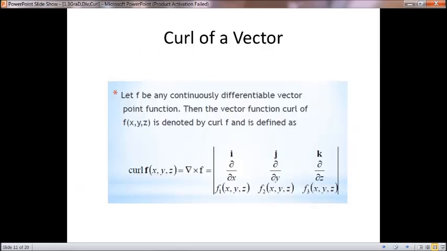So the curl of a vector is given as follows. Let f be any continuously differentiable vector point function. It is not a normal function. It is always rotational, which means it continuously changes and rotates.